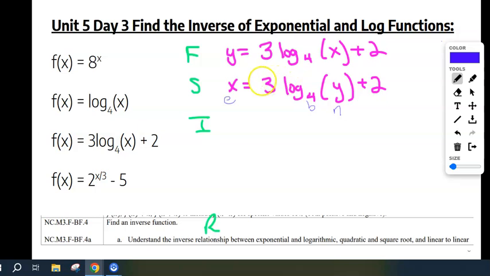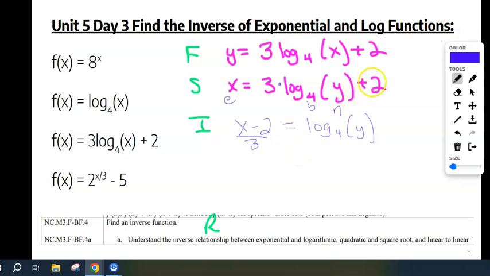Yep. Which one do I get rid of first, the times 3 or the plus 2? Yep, so I'm just going to subtract 2 to get rid of 2, right? How am I going to get rid of times 3, by the way? Yep. When I divide by 3, which one divides by 3, the x or the minus 2? Both of them.